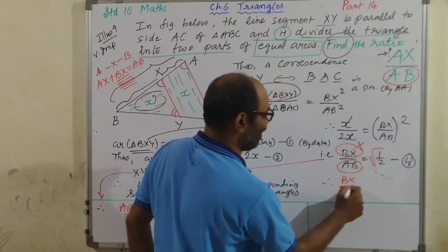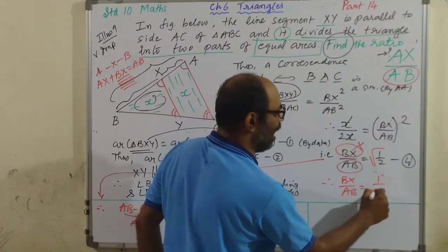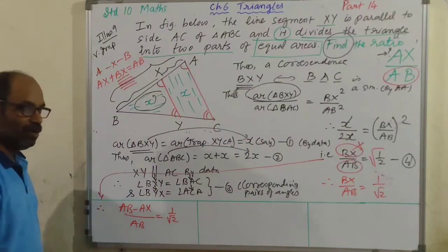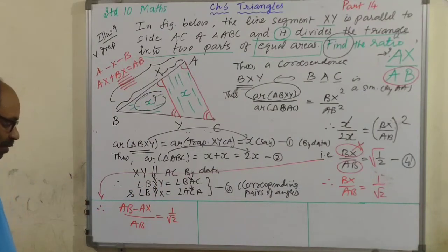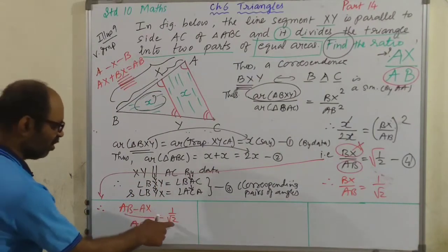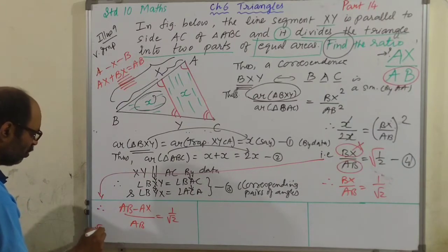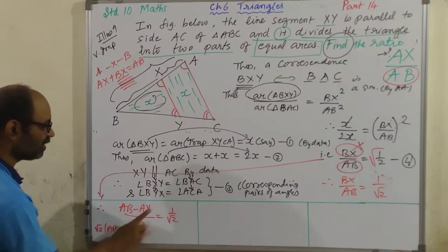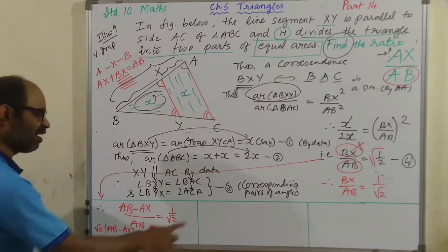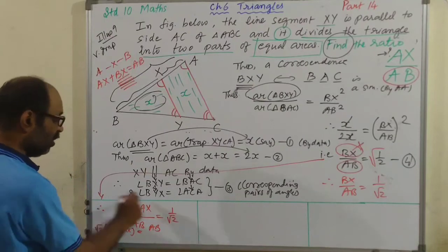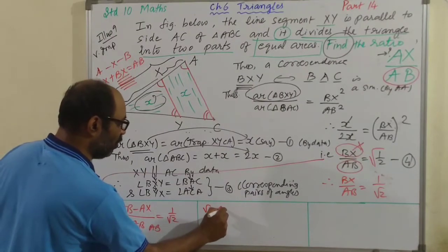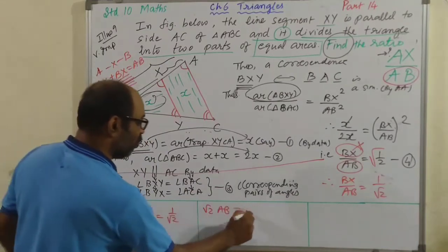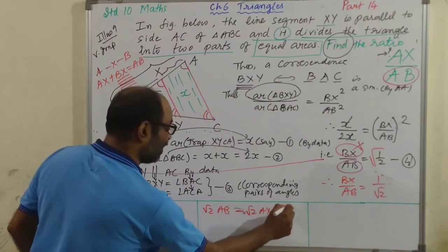Therefore BX upon AB is equal to 1 upon root 2. Now do cross multiplication. So root 2 into AB minus AX is equal to AB. I'll write here and then erase. So root 2 into AB minus, distributing, root 2 AX is equal to AB.